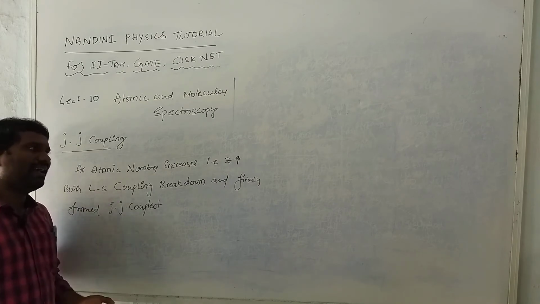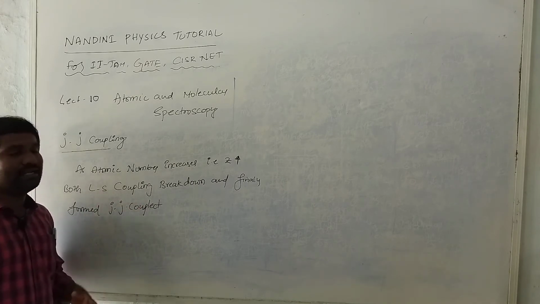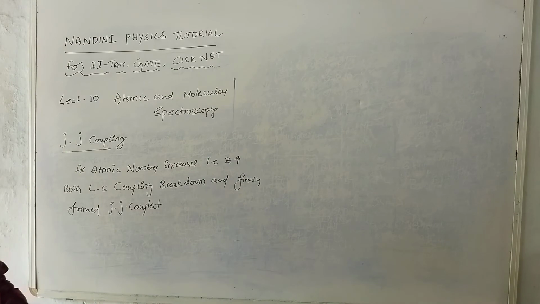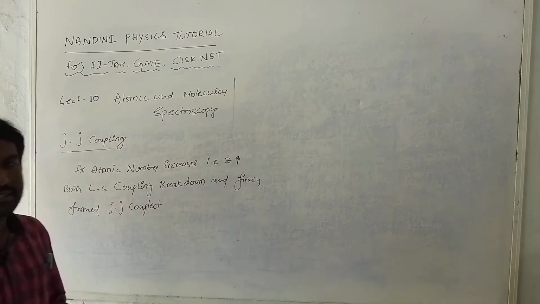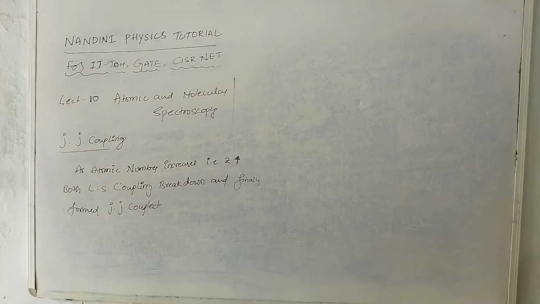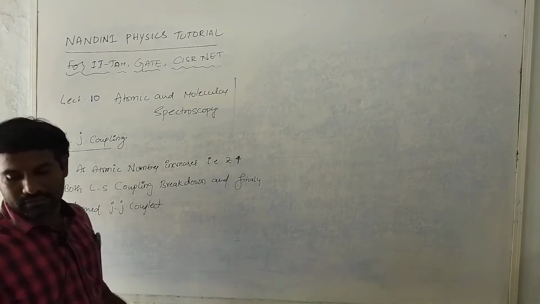Further, as atomic number increases, the coupling breaks down and finally it interacts as JJ coupling. Okay. So finally I explain these things.